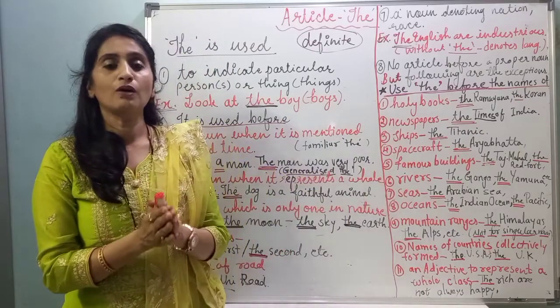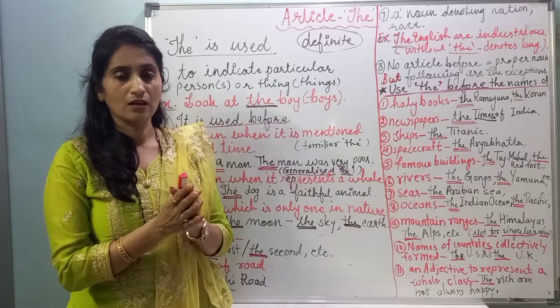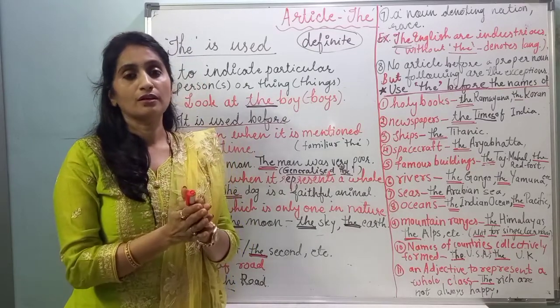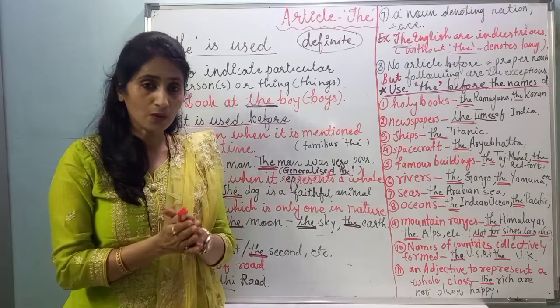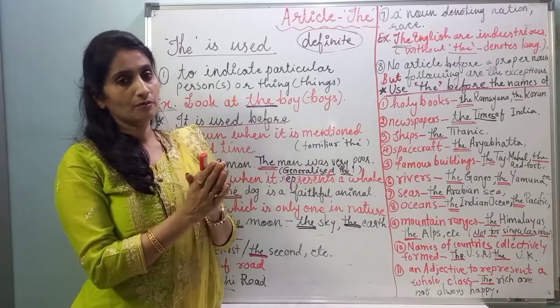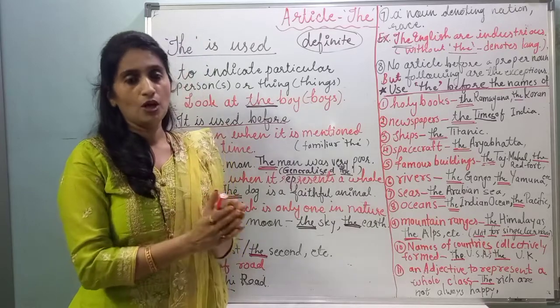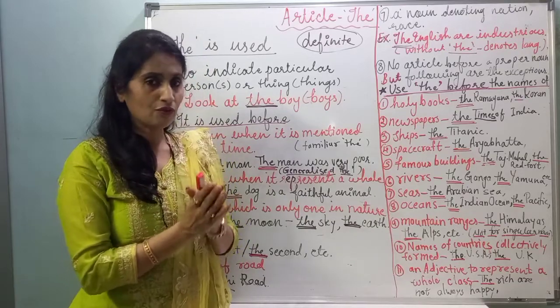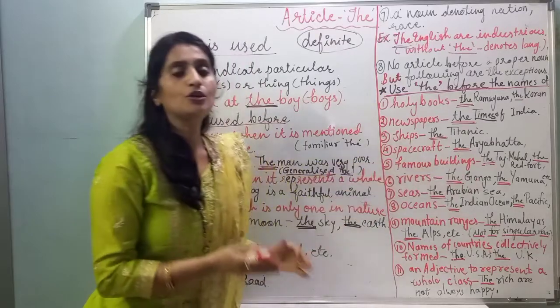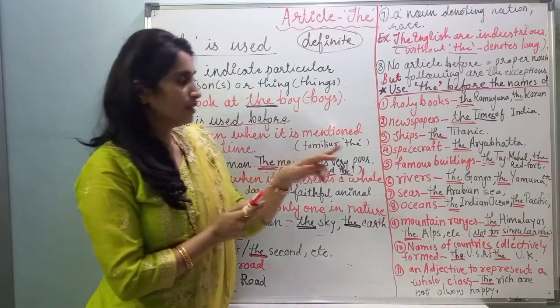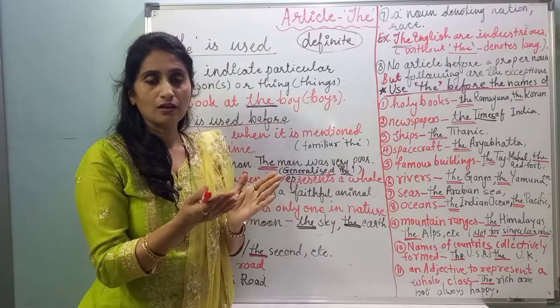Whenever you talk about the rivers, for example, a river. Here, river. This noun is used in general. But when you talk about a specific river or a particular river, for example, Ganga, you should say the Ganga. Fine? The Ganga, the Yamuna.